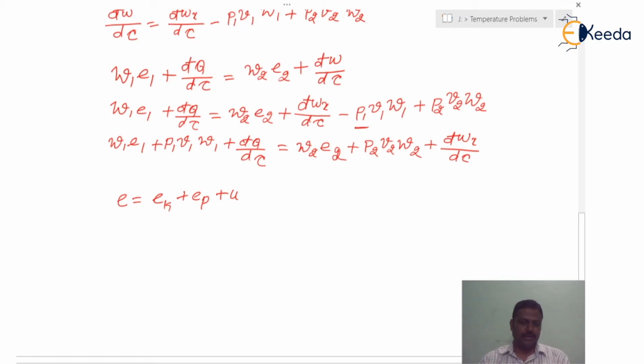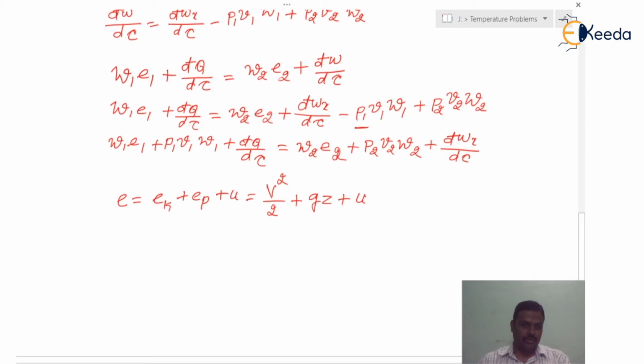These are all energies per unit mass, and this summation is the total specific energy carried by the fluid. Then that is equal to Ek, kinetic energy, that is V square by 2, plus Ep, that is Gz, plus U, specific energy.